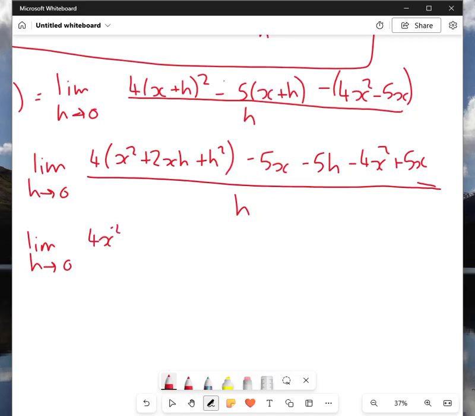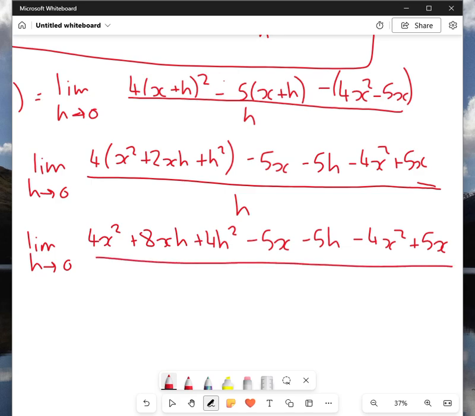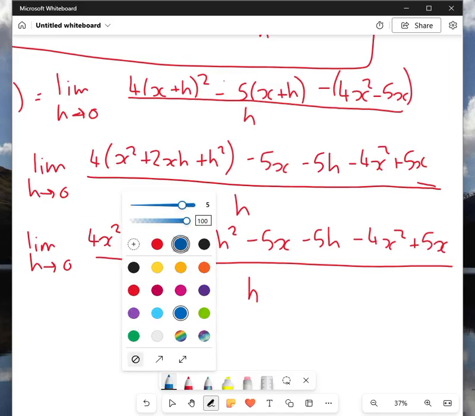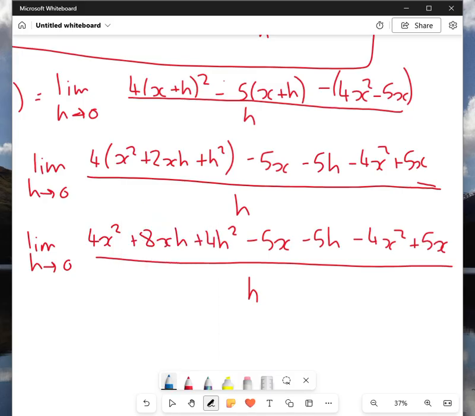We end up here with 4x squared plus 8xh plus 4h squared, and then the rest of it: minus 5x minus 5h minus 4x squared plus 5x, all over h. Now we can cancel some things out. We have a 4x squared and a minus 4x squared, so they cancel.